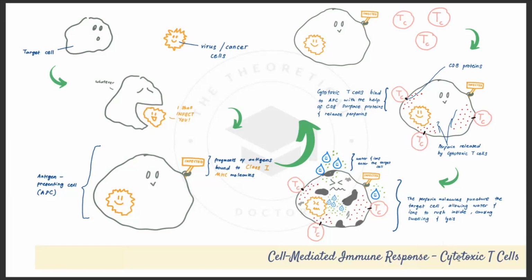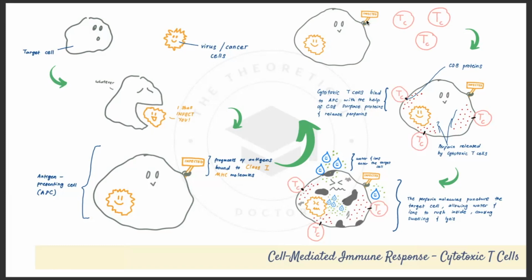With cytotoxic T cells, it is class 1 MHC molecules and CD8. With helper T cells, it is class 2 MHC molecules, CD4. After they have presented, they are bound to the class 1 MHC molecules. This whole thing here becomes an antigen presenting cell, APC. These cytotoxic T cells will then come because they recognize MHC1, whereas helper T cells recognize MHC2.